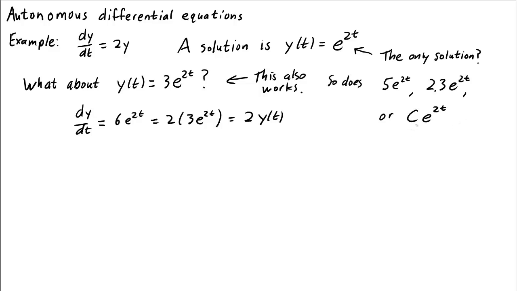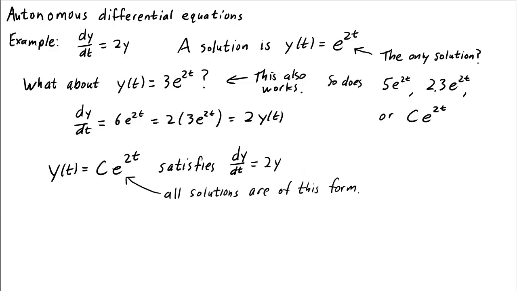As long as c is just a number, c times e to the 2t will satisfy the differential equation. y of t equals c e to the 2t satisfies the differential equation, dy dt equals 2y. The constant number c just comes out of the derivative. It turns out all solutions are of this form. All solutions to dy dt equals 2y are some constant number times e to the 2t. We call this y of t the general solution to the differential equation.